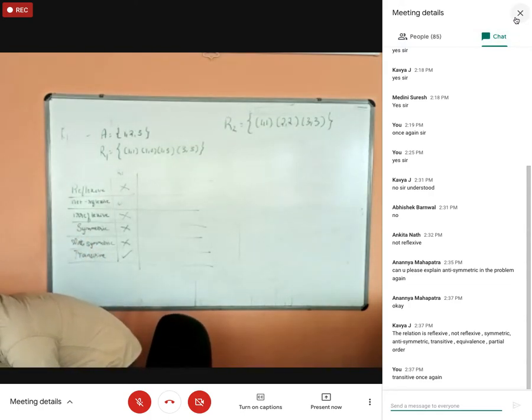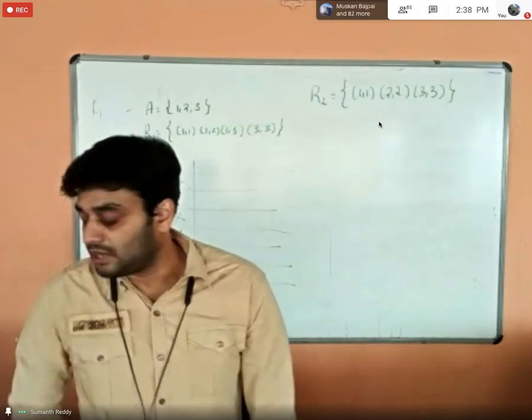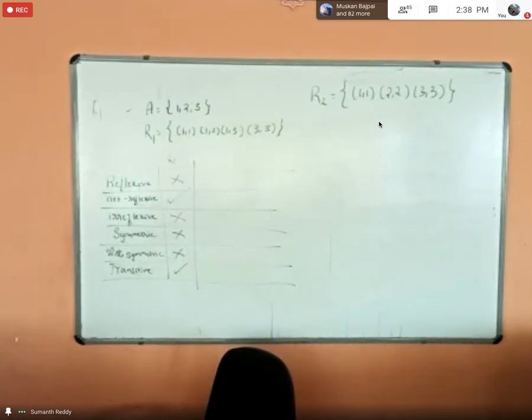Okay, transitive relation, I will explain it again. Sure, I'll explain it. So others, please try to analyze this relation R2 once. I'll explain again. It's okay.